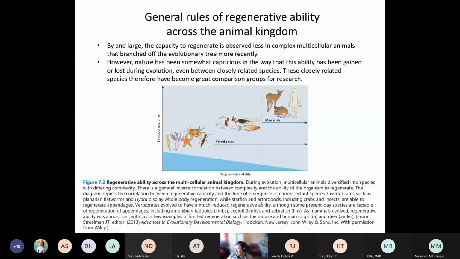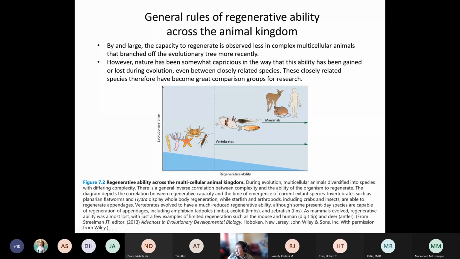Basically, they have many legs, like a crab and lobster. Crab and lobster are crustaceans, and then the last one over there is an insect. So all this shown on the first column are invertebrates.